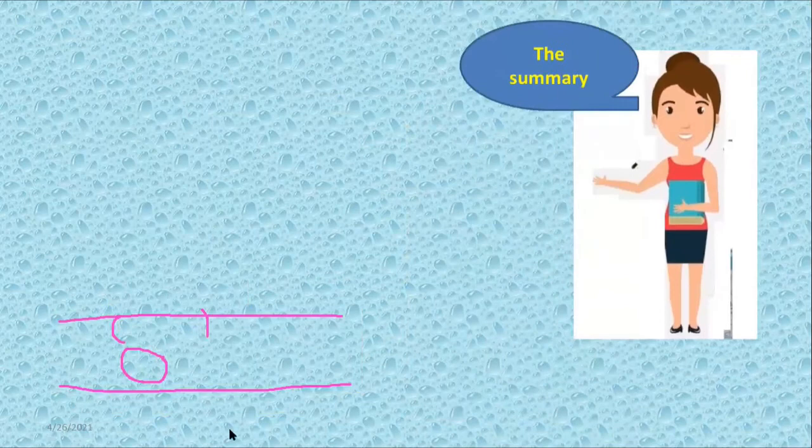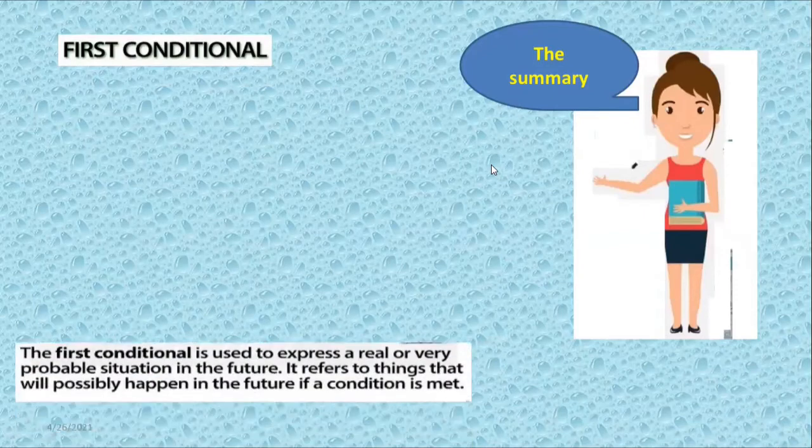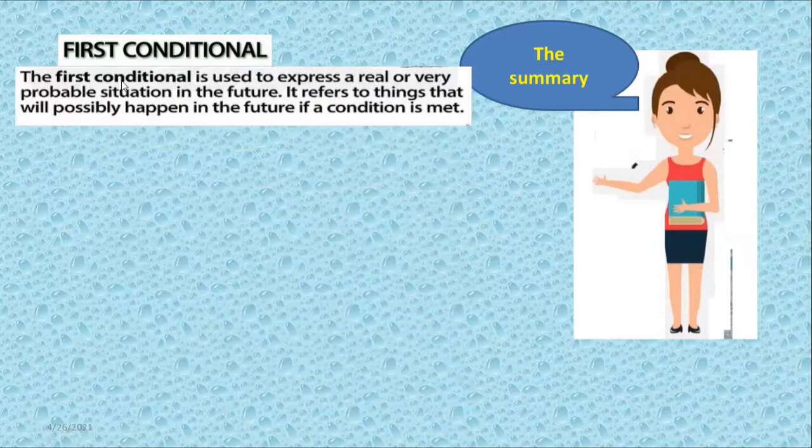The summary for the lesson. We learned about the first conditional. The first conditional is used to express a real or very probable situation in the future. I said this kind of condition can be true in the present or in the future.